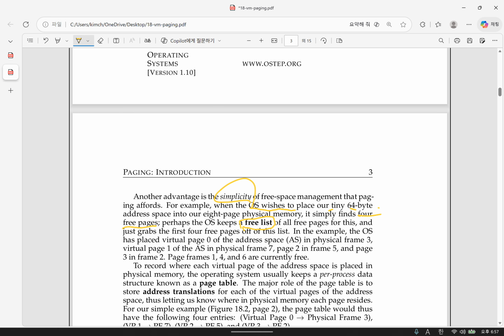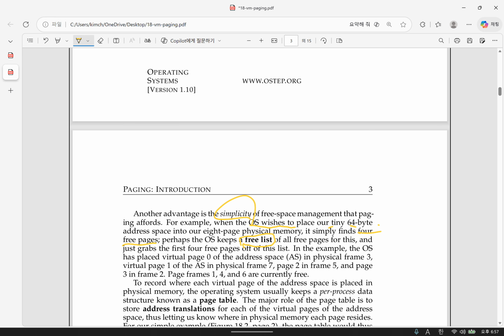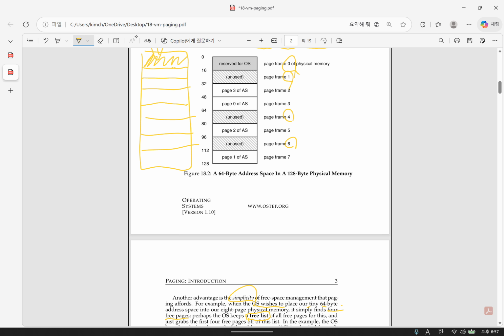In this example, the OS has placed virtual page 0 in physical frame 3.